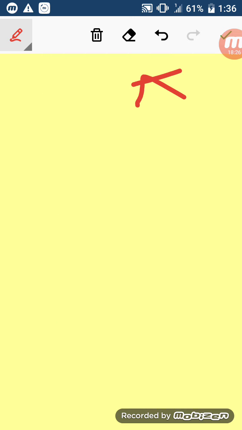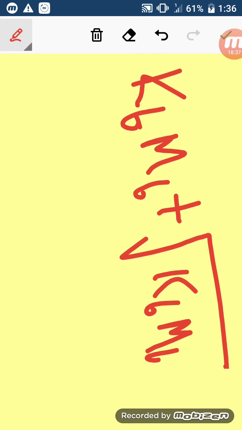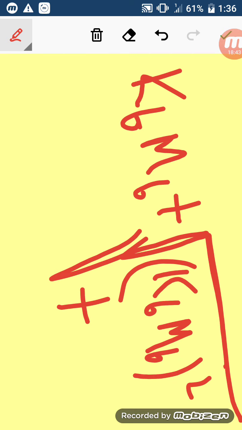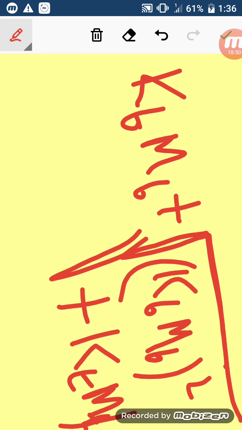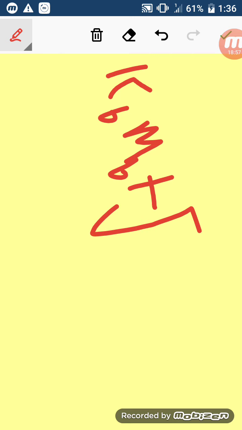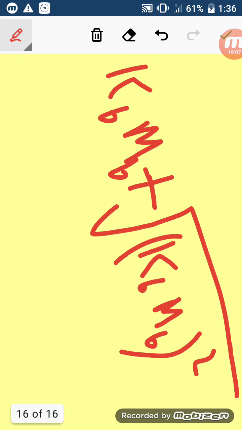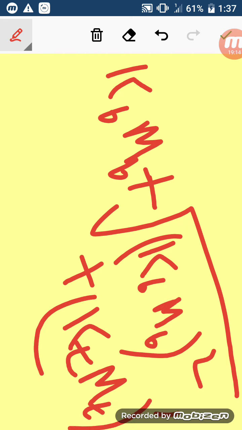It should become KB Mb plus under root of KB Mb whole square plus KT Mt whole square.